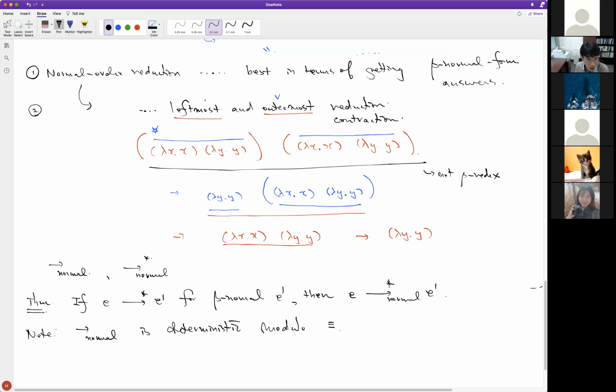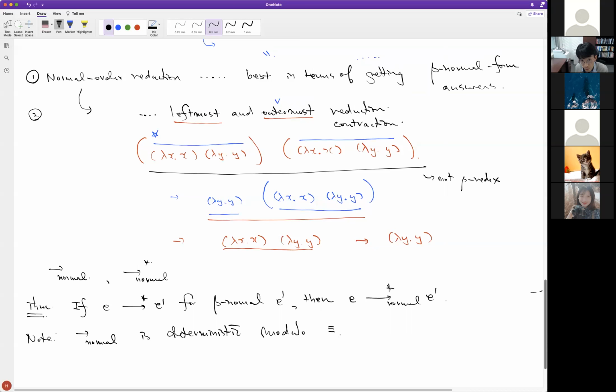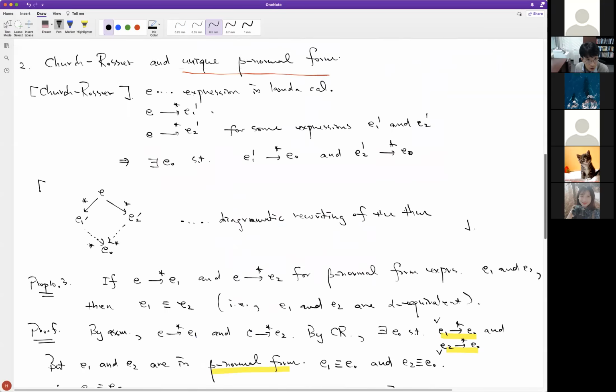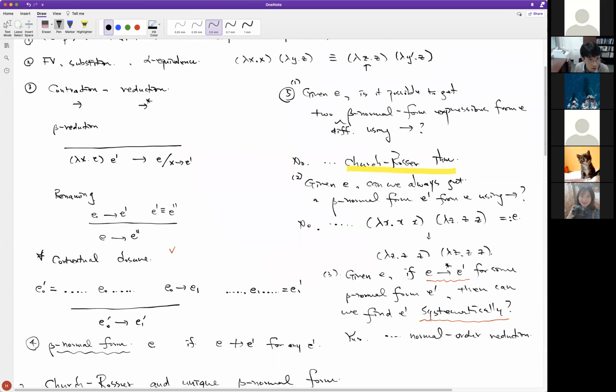That's because this leftmost and outermost really fixes which beta redex we have to contract next. If you go all the way back, all the ambiguity in the contraction relation came from the three rules in the contraction relation, which really came from the contextual closure.